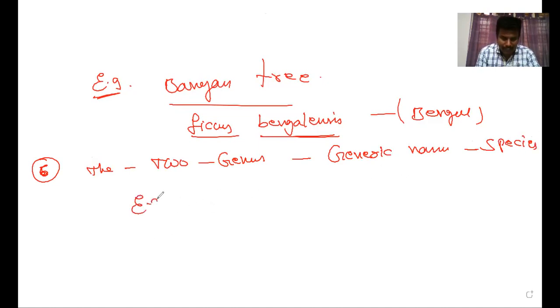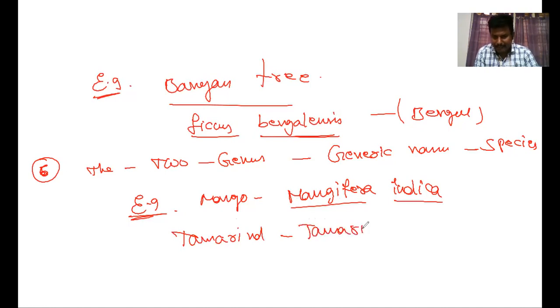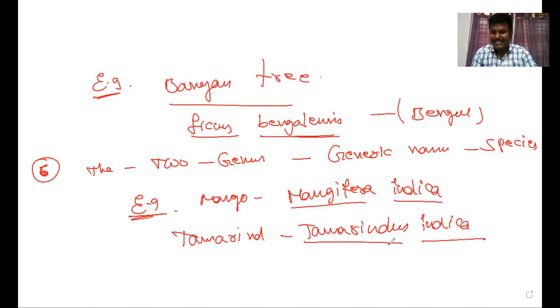For example, the scientific name of mango is Mangifera indica, and the scientific name of tamarind is Tamarindus indica. Mangifera and Tamarindus are generic names, indica is a species name. So the species name can be repeated, but the generic name cannot.